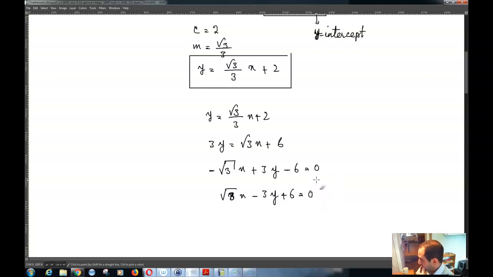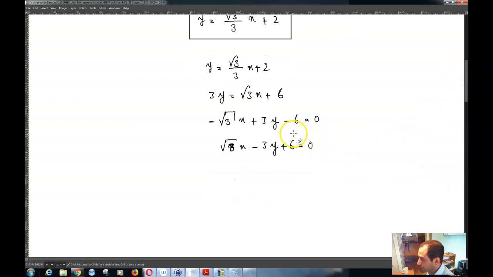And of course you can divide by square root of 3 to get the equation in the way that they have gotten it over there. You can write this as square root of 3 over square root of 3 times x minus 3 over square root of 3 times y plus 6 over square root of 3 is equal to 0.